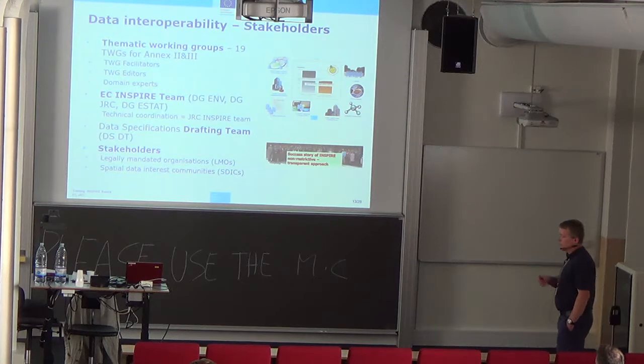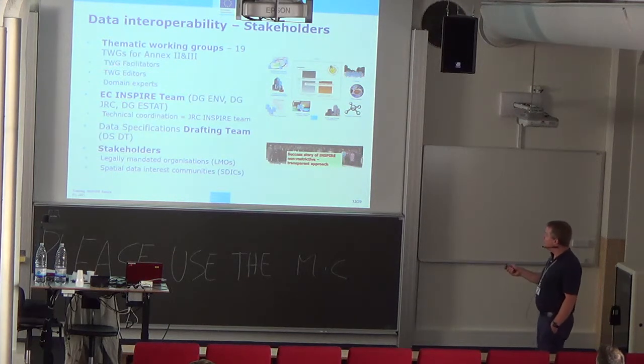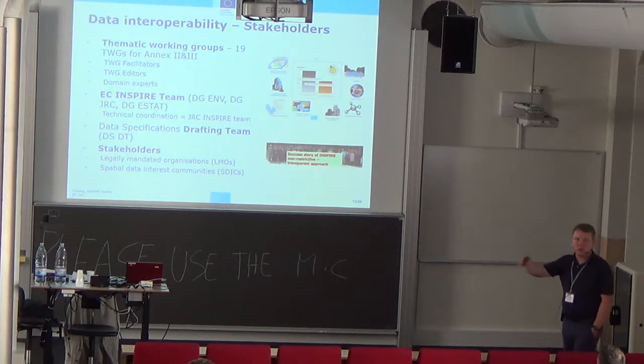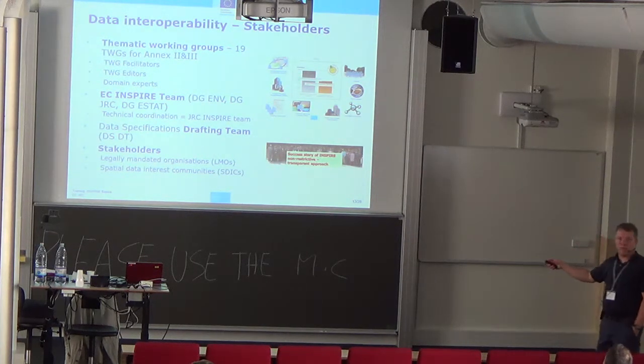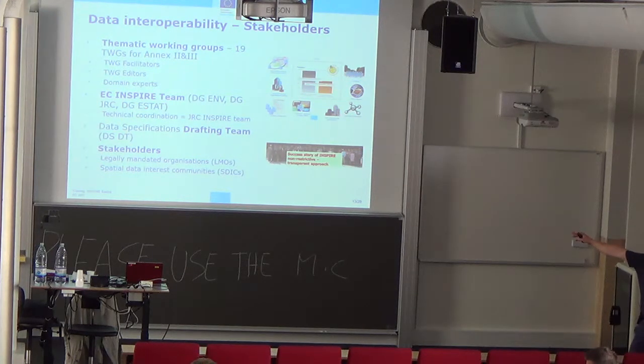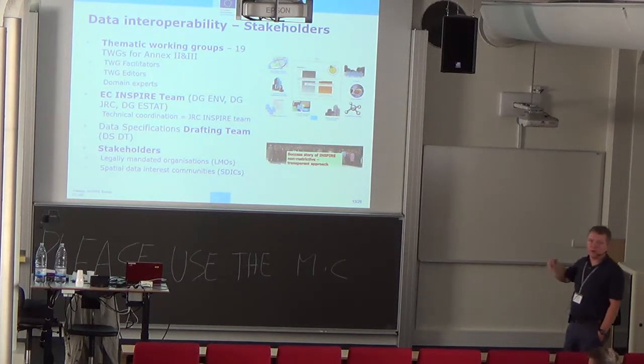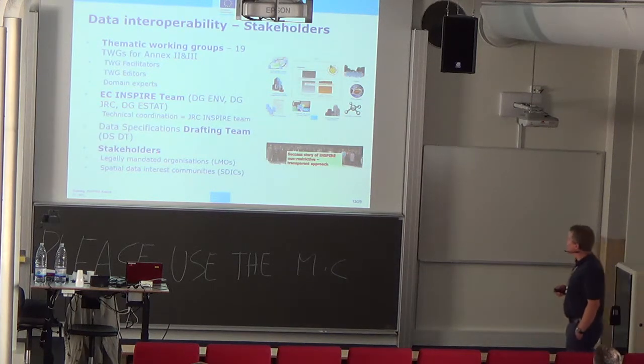In each group we had several people, TWG facilitators, editors, but also domain experts, which is important to say because usually people ask, okay, there is a theme geology, who worked on it, who proposed which data objects should be in geology. They were really domain experts. There were not only people with a profession in geoinformatics, but also people who are really working in the domain. So for each data theme we had domain experts in these technical working groups.